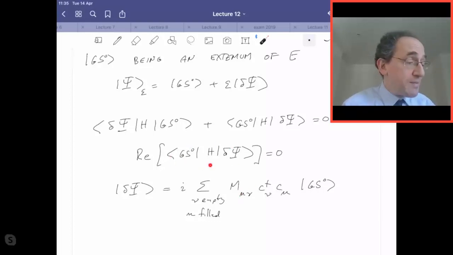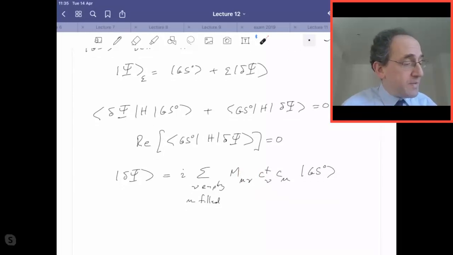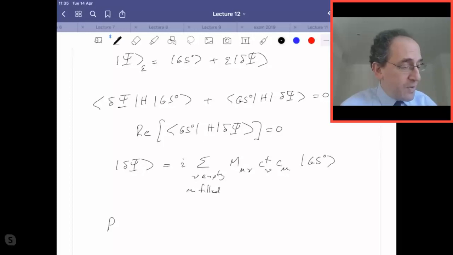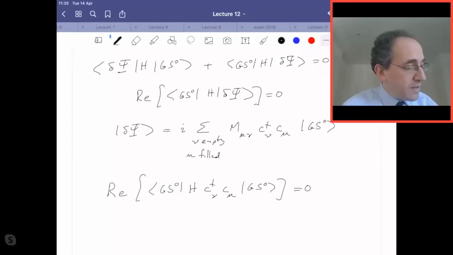So I want to be at a minimum with respect to any M. So we can then simplify this even more. What we really want is the real part of the ground state H, c dagger nu c mu, ground state, should be equal to 0 for all mu occupied and nu empty.